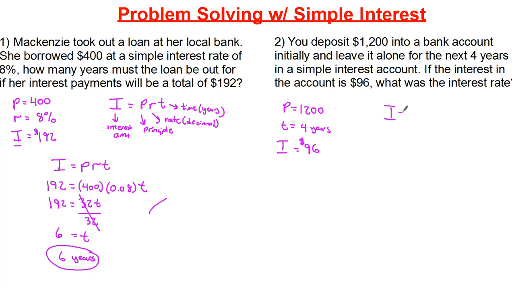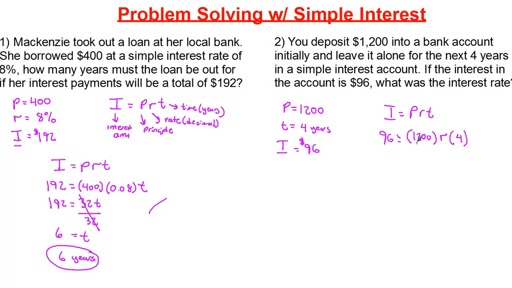So I equals P R T. So I is 96, P is 1,200, R we don't know, but then T is 4 years. Okay? Now, I know this looks a little weird, but remember, we're just multiplying everything.